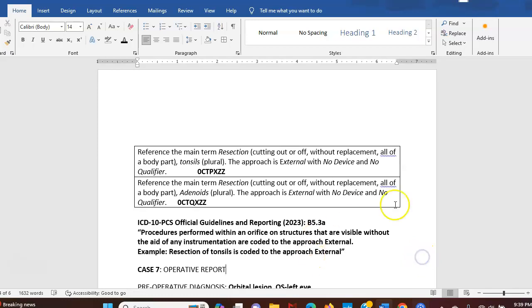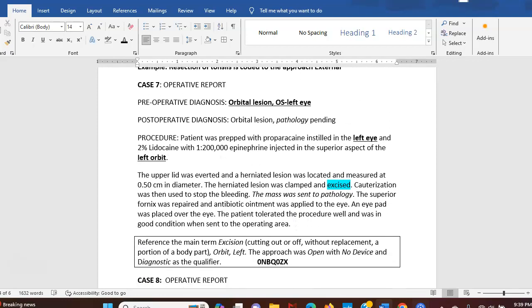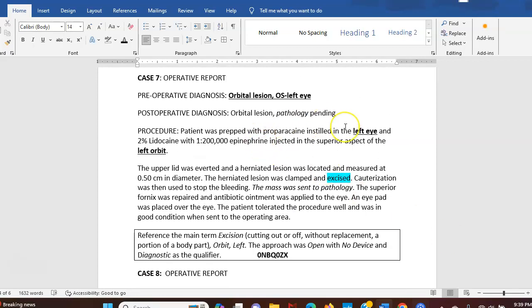Okay, and then let's go on to the next one. Case number 7, operative report. So the preoperative diagnosis is an orbital lesion, OS, which means the left eye here.